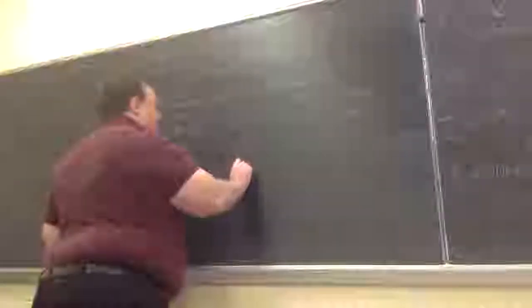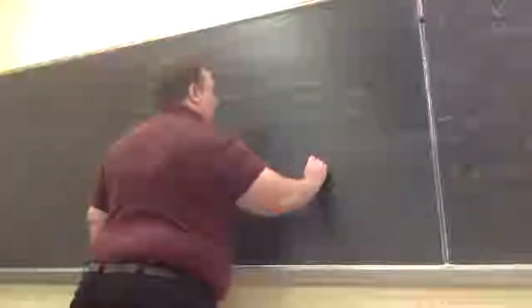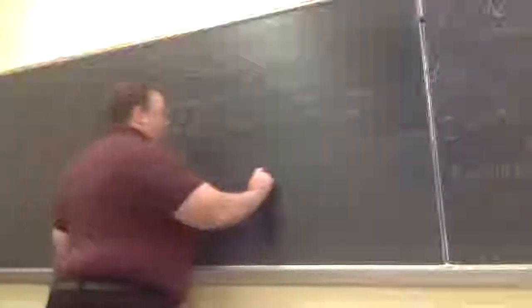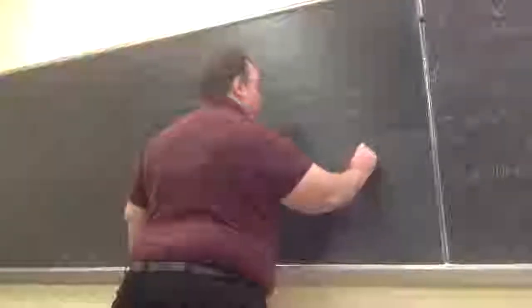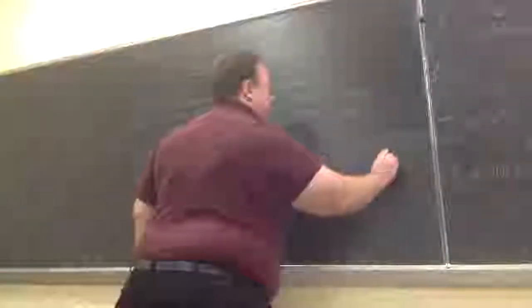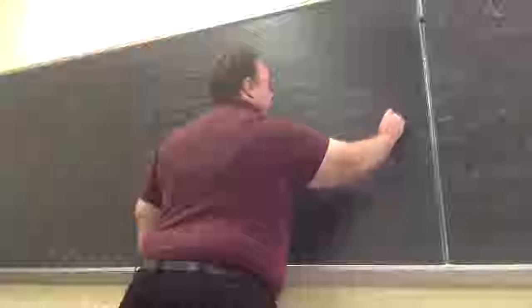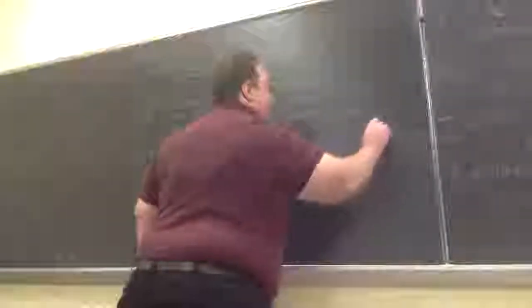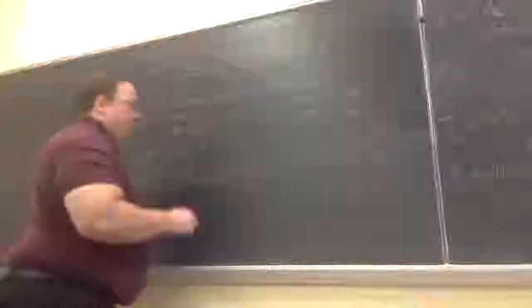So how would I do that? Use a finite difference formula to approximate this second derivative of u with respect to x. I'll just give you what the formula is.